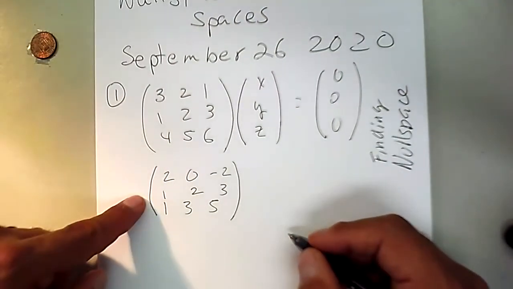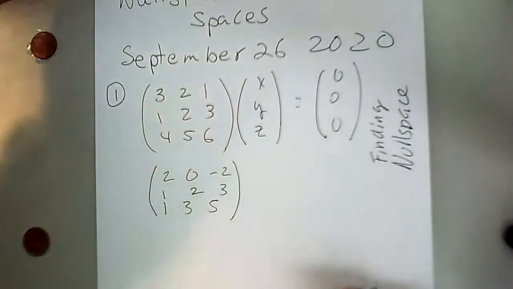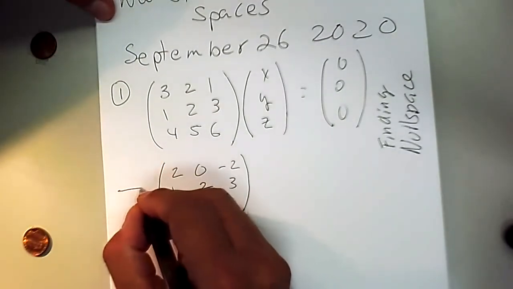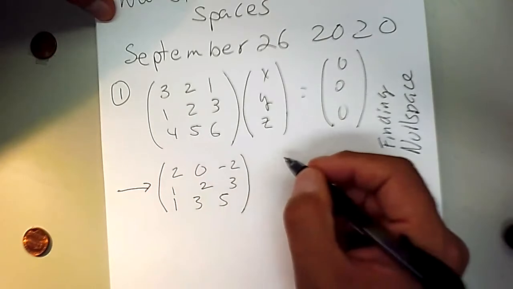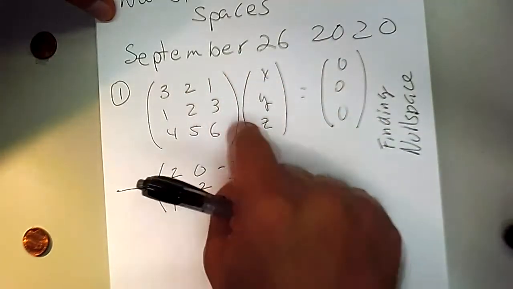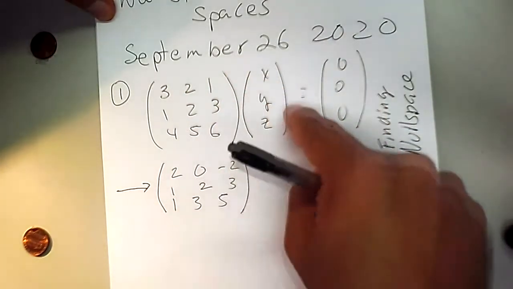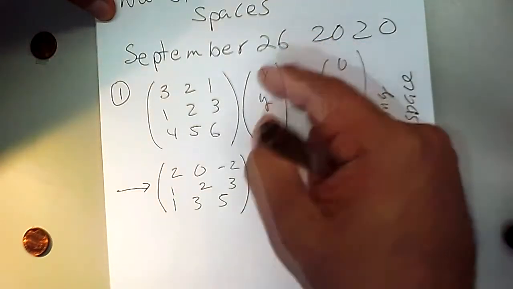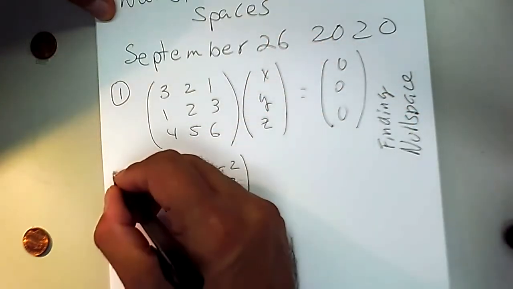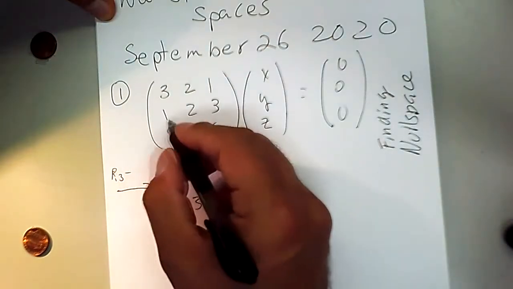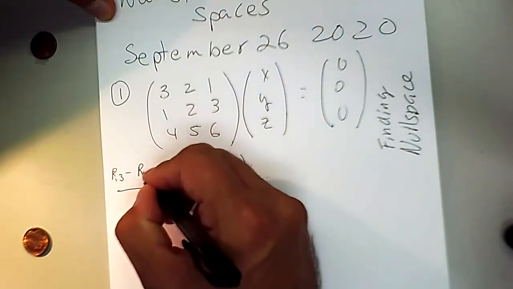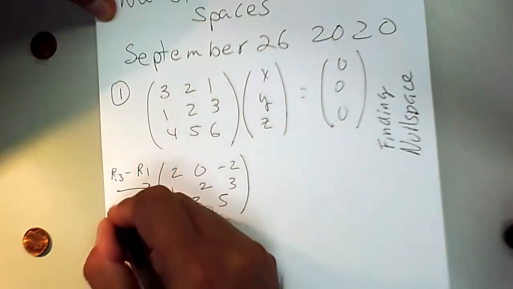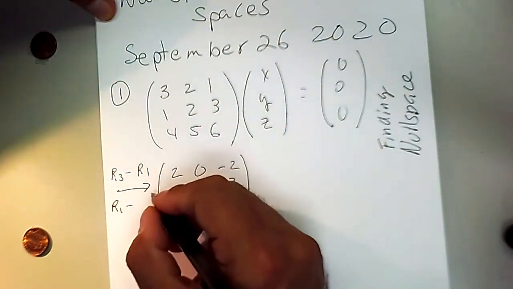So we are reducing. It's probably a good idea to keep record of what we are doing. We're just taking the matrix; we're not actually changing the system of equations yet. So again, we took the third row and subtracted the first row, and then we took the first row after that and subtracted the second row.